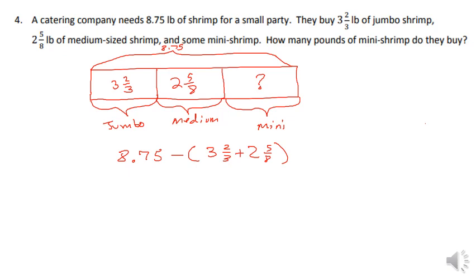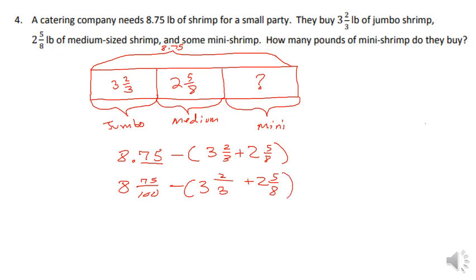Now if you look at this, we have fractions and decimals. Now how would I write this as a fraction? Well, if you remember, this is 75 hundredths. So I get 8 75/100 minus 3 2/3 plus 2 5/8.